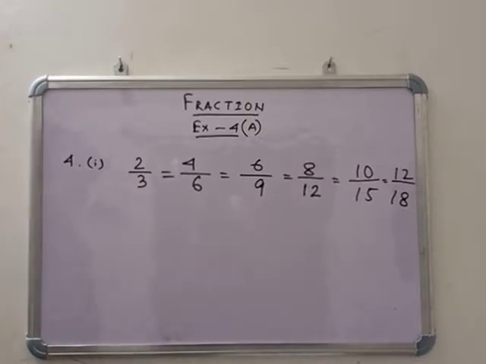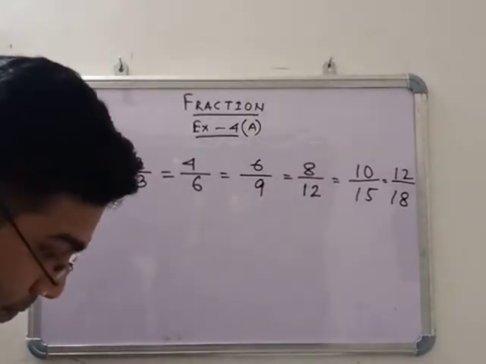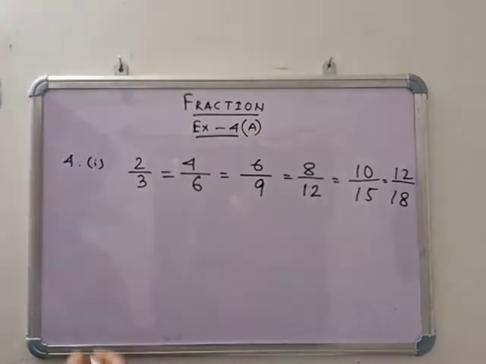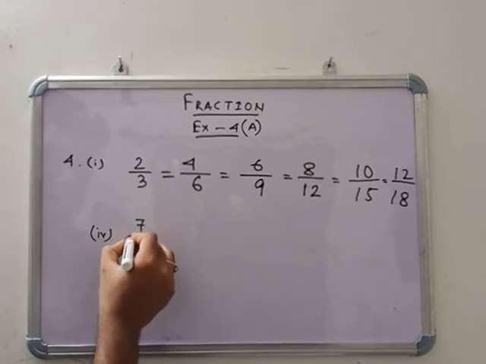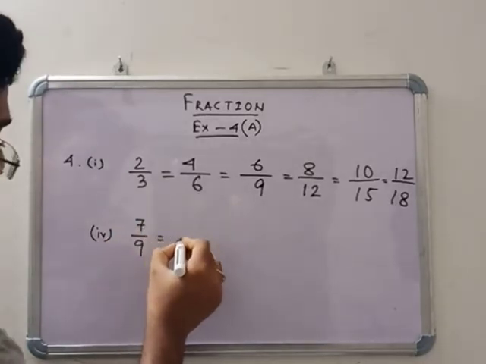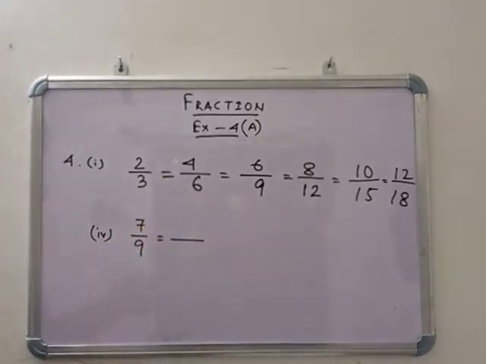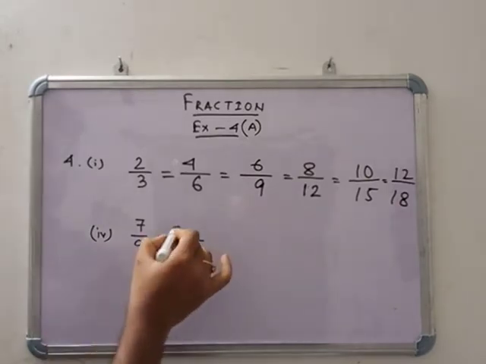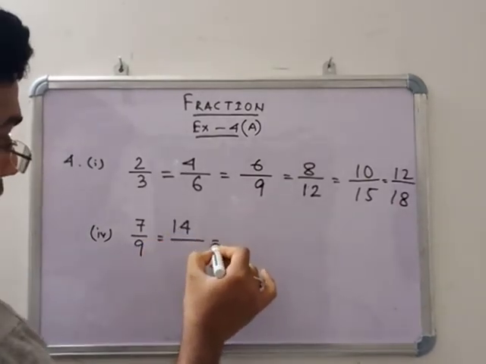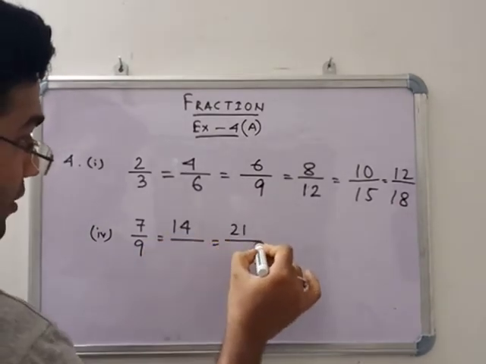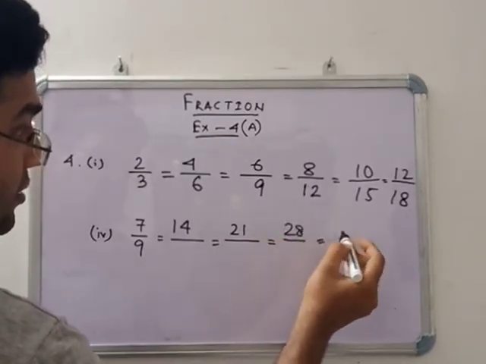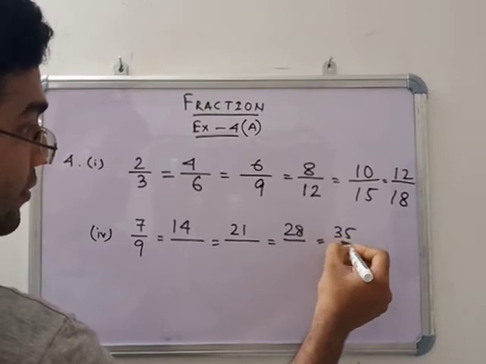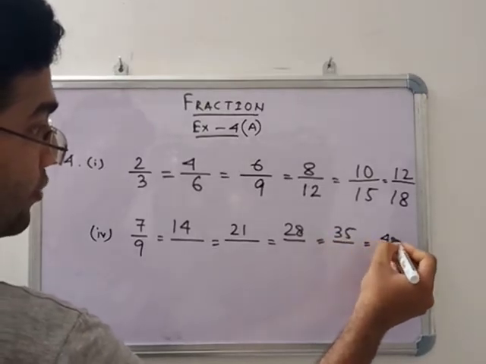Similarly, you can choose any one from number 4. That is 7 by 9 is given. Multiples of 7: 14, 21, 28, 35, 42.